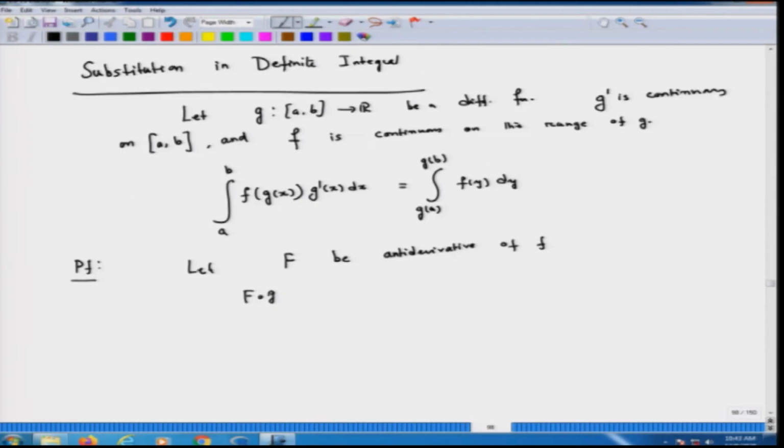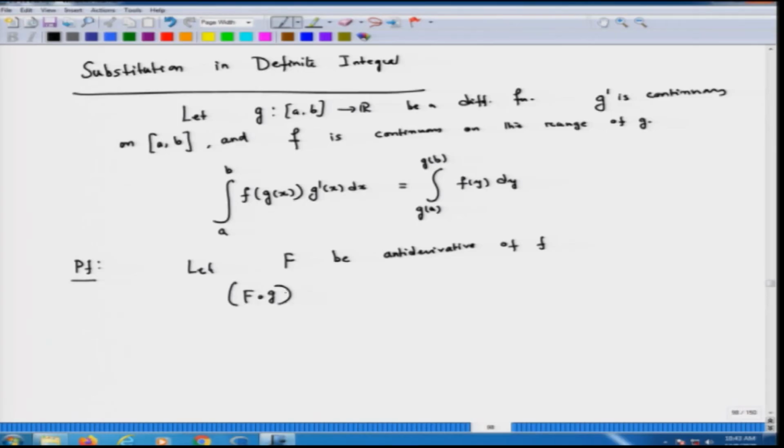Therefore, F composed with g is defined, because small f is defined on the range of g. Now, g is a differentiable function, capital F is a differentiable function. Therefore, F composed with g is also a differentiable function.